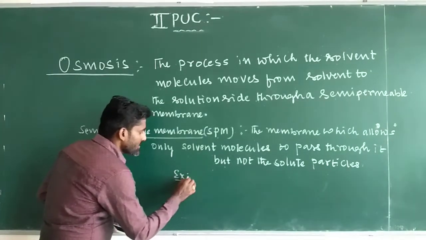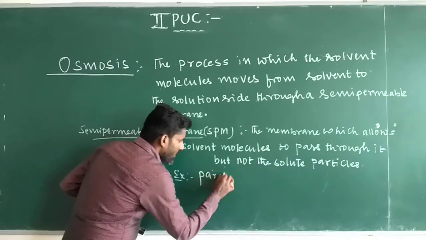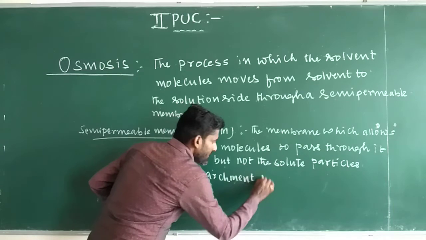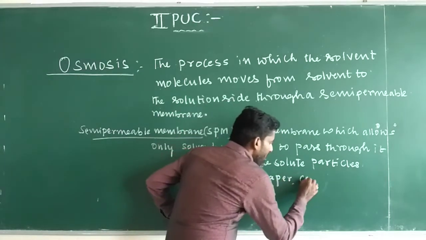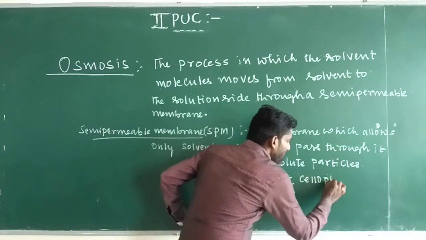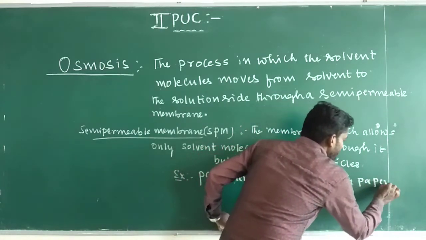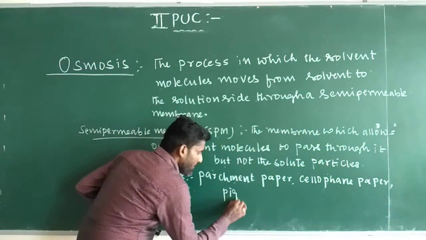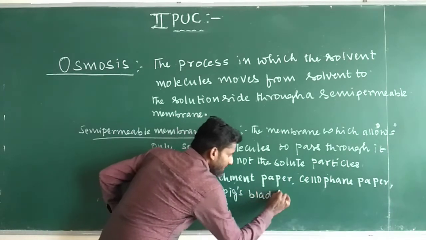Examples of semi-permeable membranes are parchment paper, cellophane paper, and pig's bladder skin.